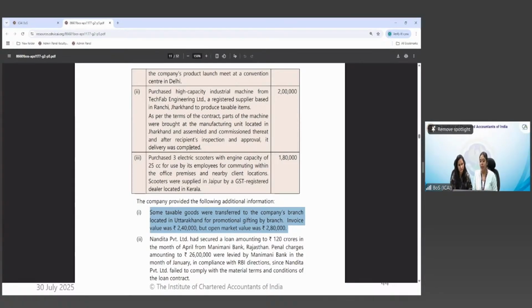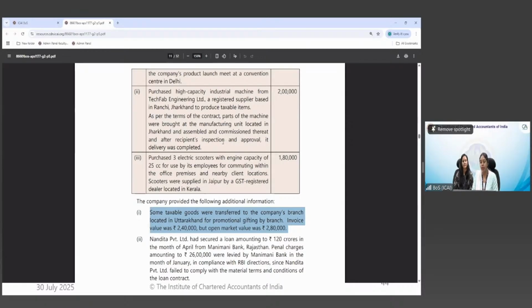प्रशांत, यू आर राइट. झारखंड में एक मैन्युफैक्चरिंग यूनिट थी, वहीं पर सारे पार्ट्स लाकर मशीन सेटअप कर ली गई, असेंबल कर ली गई, और वहां रिसिपिएंट ने भी अप्रूवल दे दिया। नंदिता प्राइवेट लिमिटेड की यूनिट भी वहीं झारखंड में थी। So parts of the machine were brought at the manufacturing unit located in Jharkhand and assembled and commissioned there.